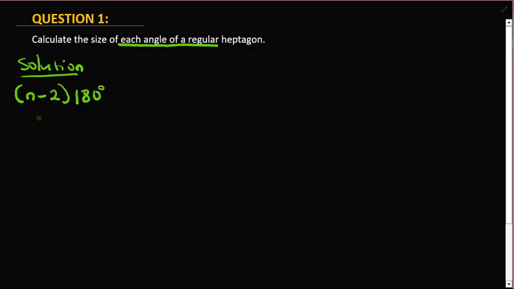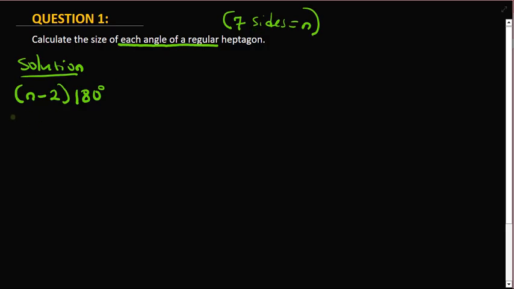Once you've done this, the next thing is to refer to the question. What does heptagon say? Heptagon tells you about a polygon with 7 sides. So you have 7 sides, and that becomes our n. You understand? That 7 sides talks about the number of n, right?